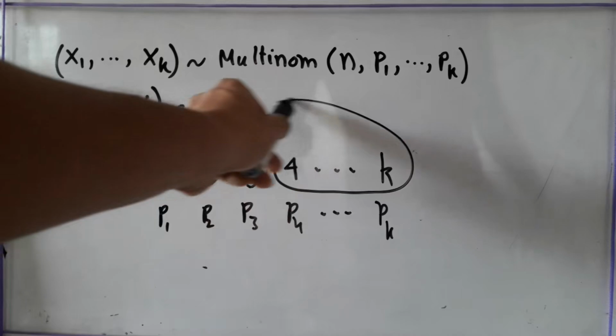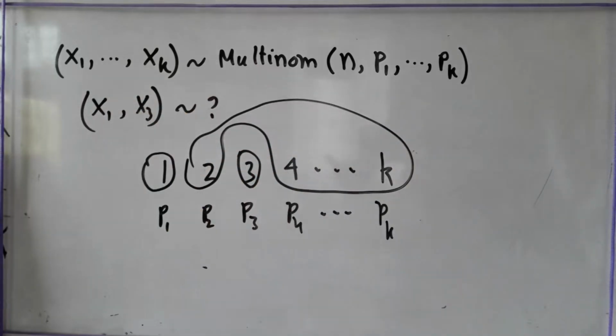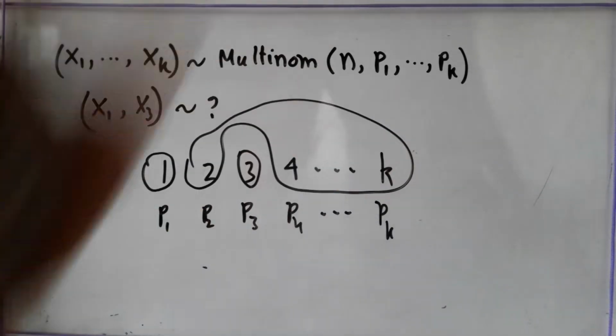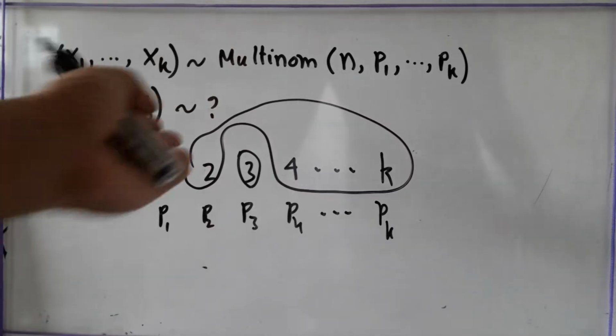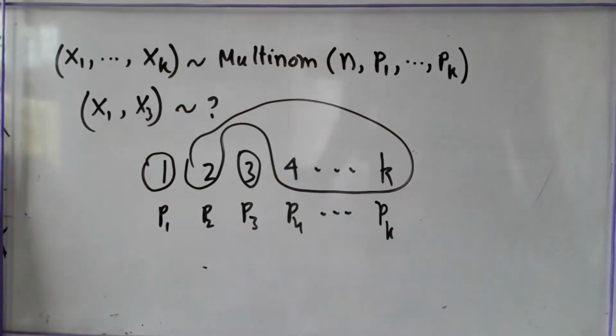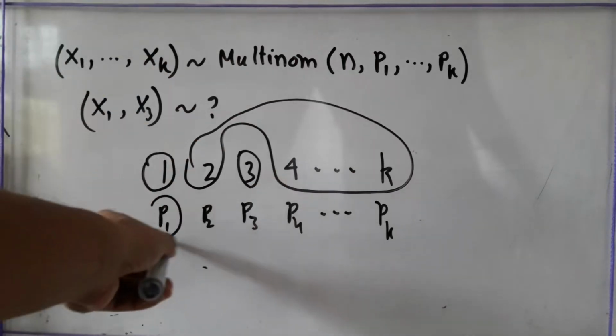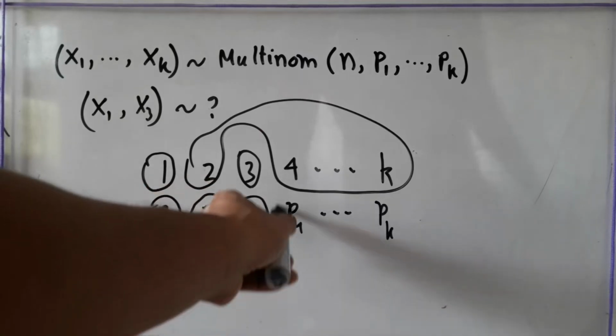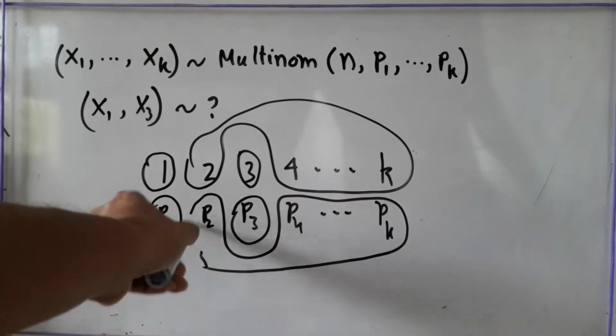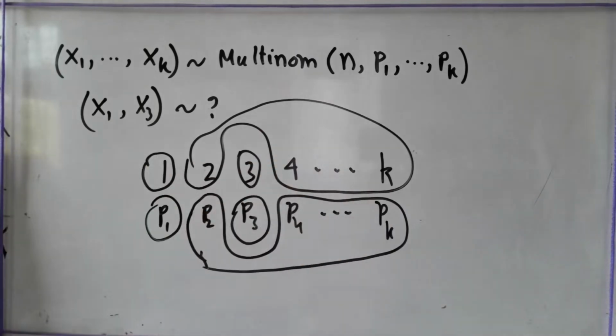So all these things are lumped in one group. So it is basically like I am reducing it to a three-faced die. One face shows 1, another face shows 3, and the third face has all these other k minus 2 faces lumped together. In that case, the probability of 1 is p1, probability of 3 is p3, and probability of all the others lumped together is the sum of these quantities.